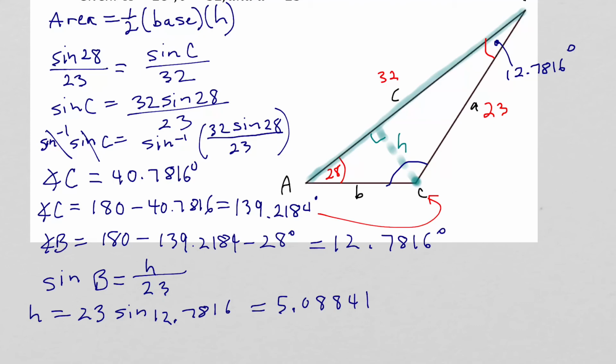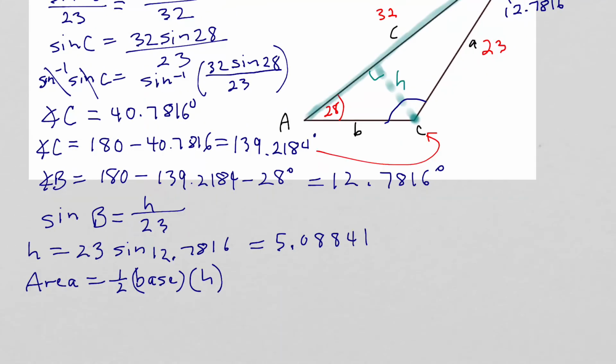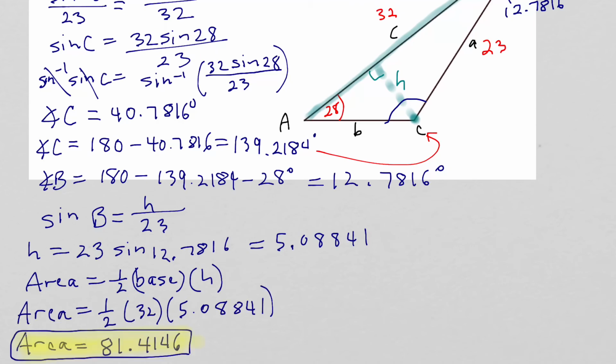All right, so now I've got my height, I've got my base. I can substitute into my area formula. Area is equal to 1/2 base times height. So my base, once again, is 32. My height is this 5.088 number. So substituting into that formula for area, I get my final answer here of 81.4146 square units, whatever your units are.